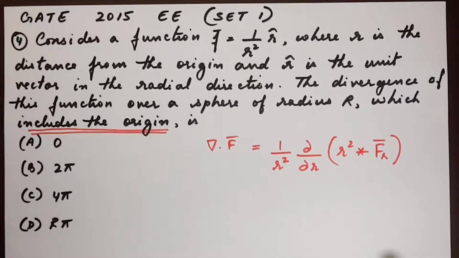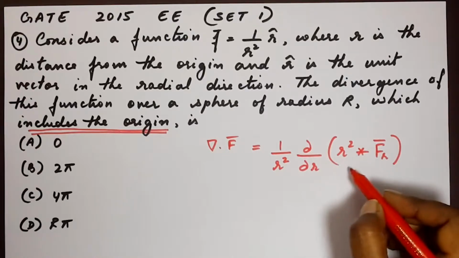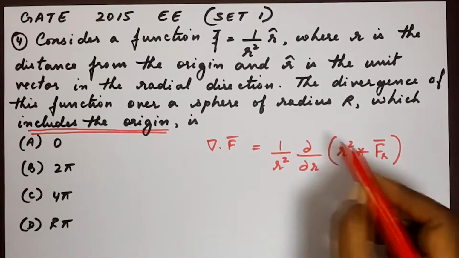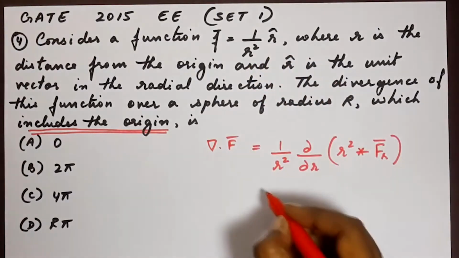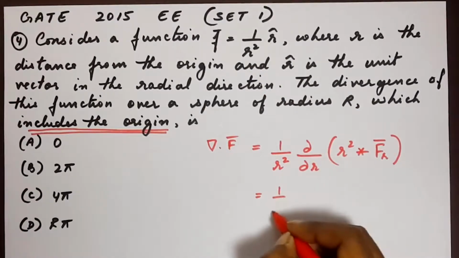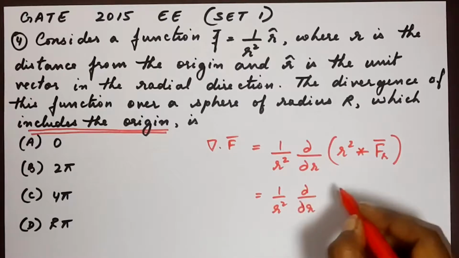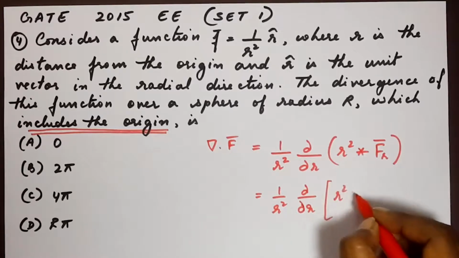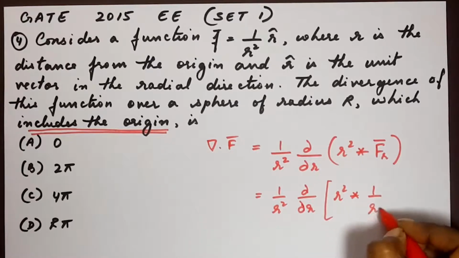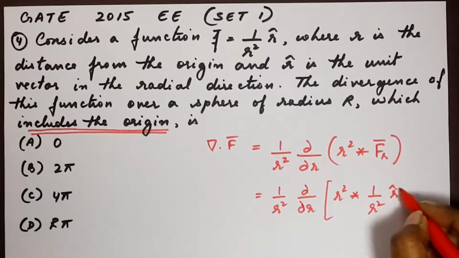Now let's see how we can solve this further. Here f is the function 1 by r square r cap. So if we substitute, we get 1 by r square dou by dou r of r square into 1 by r square r cap.